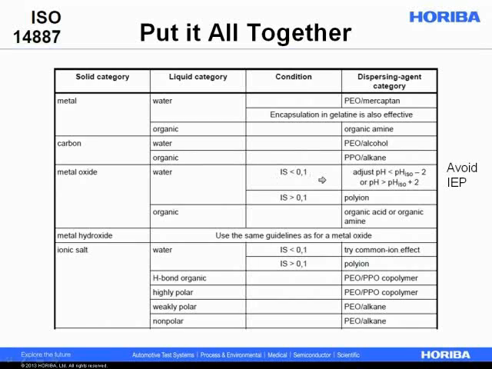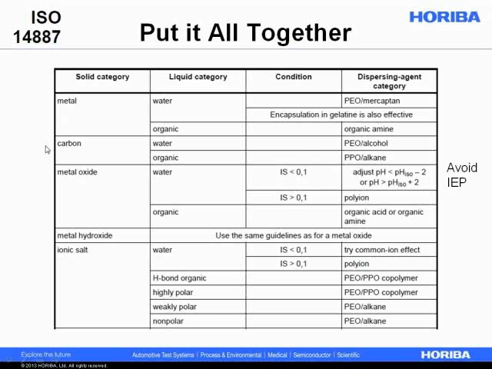But if I understand the ionic strength, then first of all, make sure you avoid the isoelectric point. So this is saying make sure with metal oxides you avoid the pH where the zeta potential is 0. Make sure you're several pH values away from the isoelectric point, which we will define later as well.